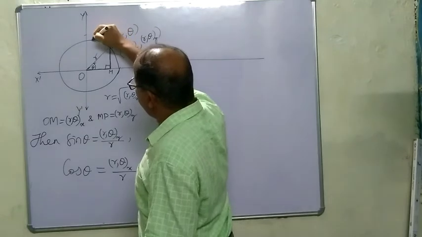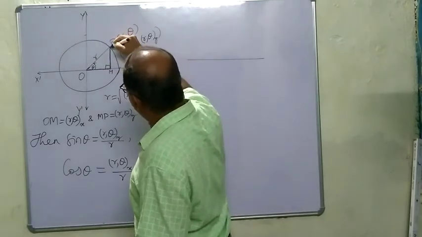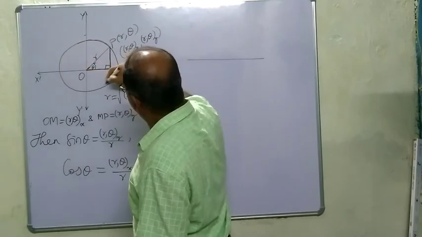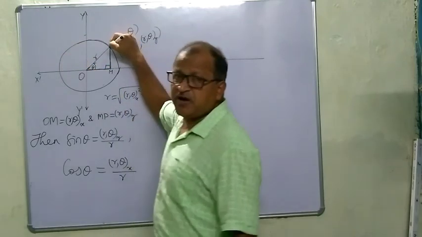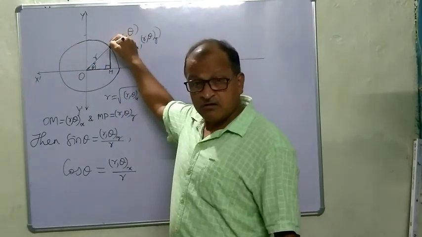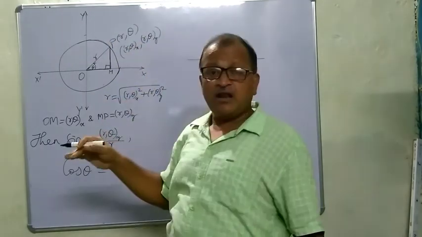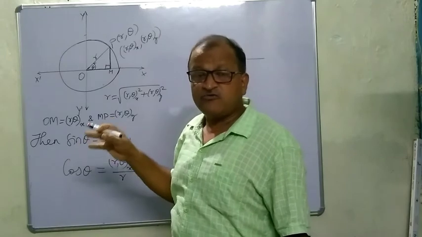You see, here it is r theta. Suppose you move along this circle. You will reach the same point again after moving through an angle of 2 pi.